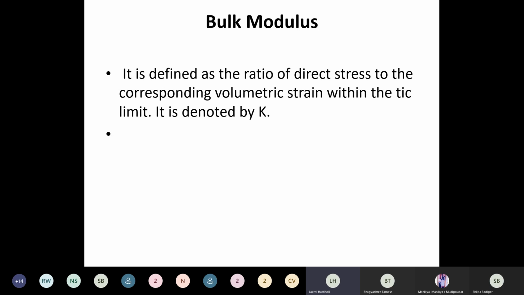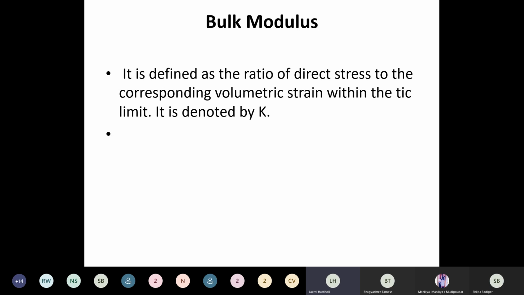So can I write volumetric strain epsilon V is equal to change in strain in x direction plus change in strain in y direction plus change in strain in z direction. So total change in dimension in x, y and z direction is taken as volumetric strain epsilon V. So epsilon V I can write as Ex plus Ey plus Ez. Is that understood to everyone? Volumetric strain EV is change in volume divided by original volume, right?